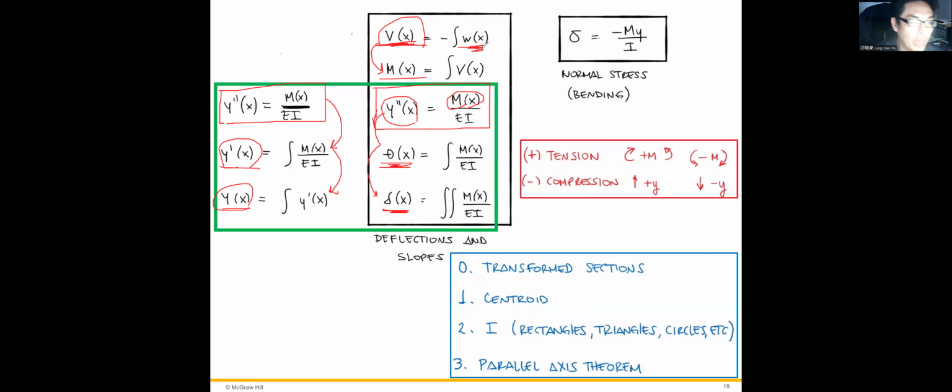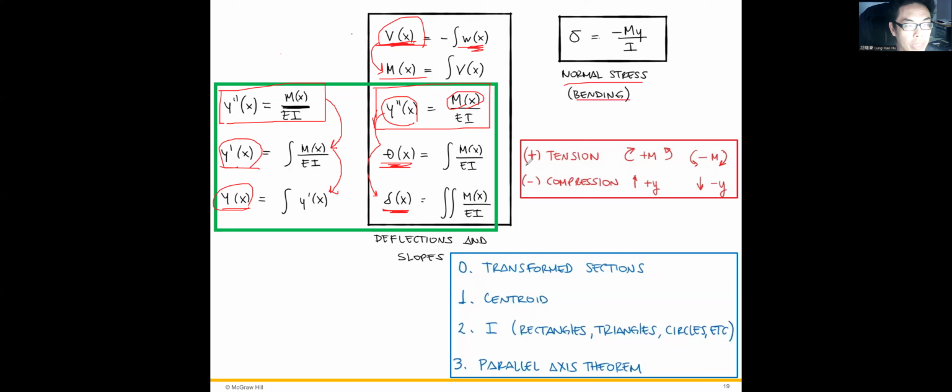The different loads applied to a beam or a component can be point loads or distributed loads, and those loads produce the shear, and from the shear we can figure out the moment. From the moment, we can figure out y double prime, and we take the integration, we get the deflection.